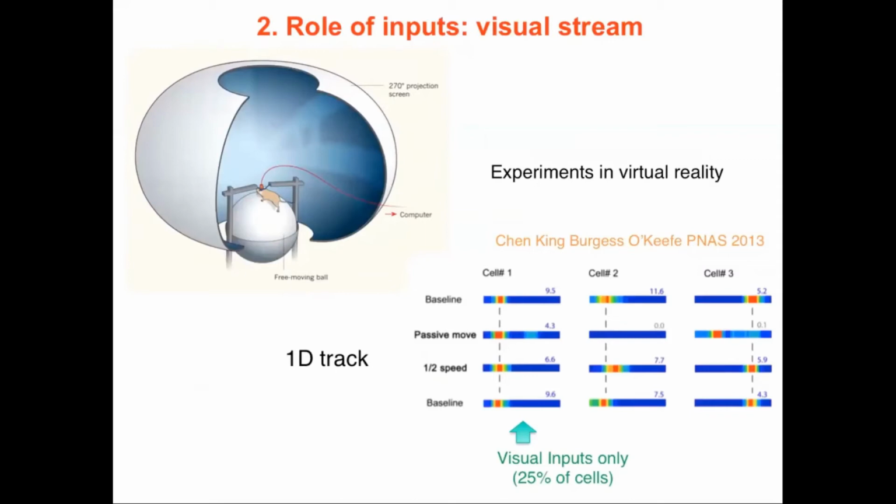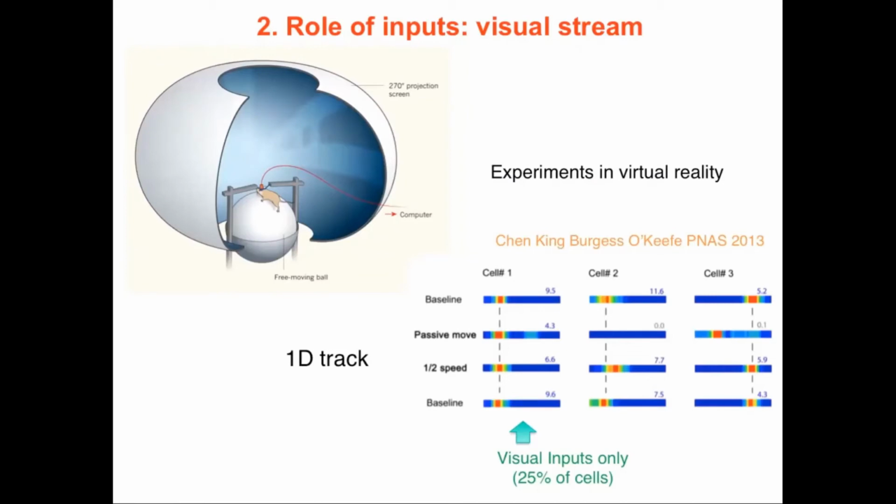In these experiments, a rat has its head fixed and can move on a rolling ball. Depending on the number of turns of this ball, a movie is run on this very large screen. So the animal is moving in this virtual environment depending on the motion of its legs.